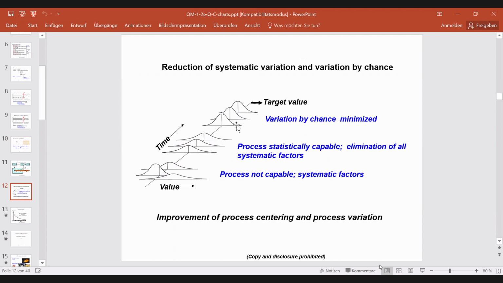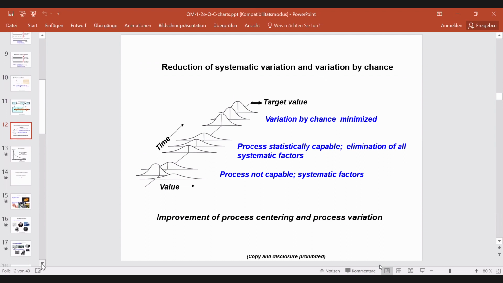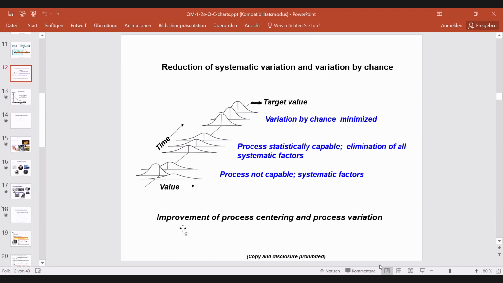This is random variation, and this is the goal in every quality method, and also of course in SPC. So there are two goals: process centering and an improvement of the process variation to get a low standard deviation, a high precision of the quality.